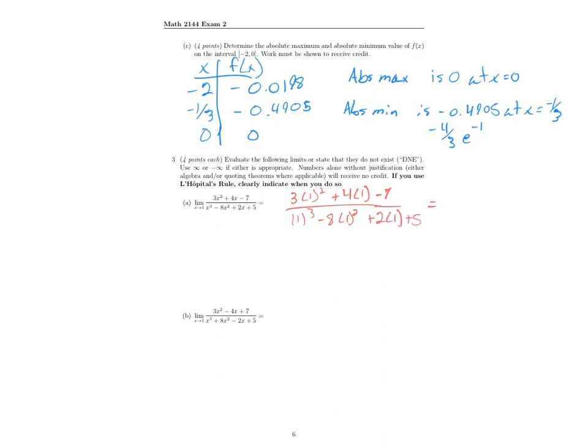And when we do that, we're going to get 0 over 0, which means that this is an indeterminate form, which means we can apply L'Hopital's rule.